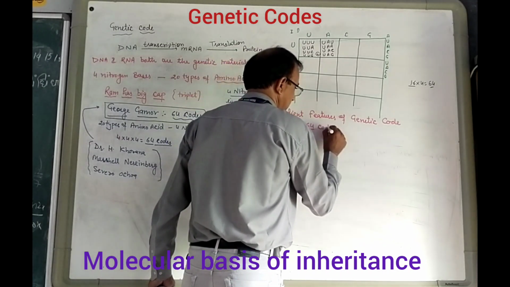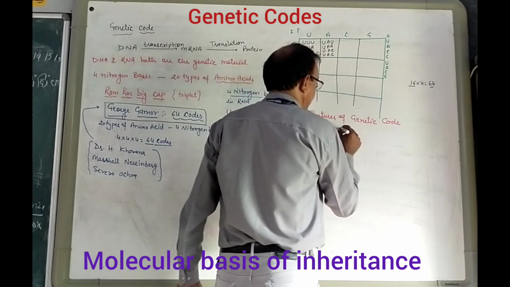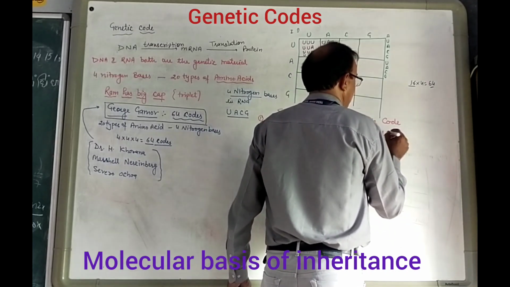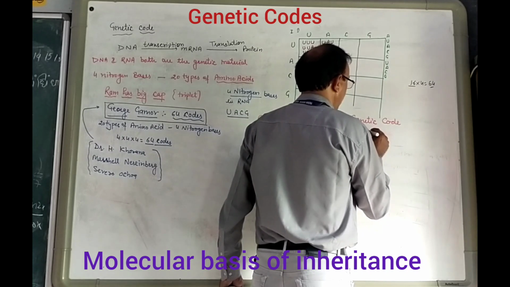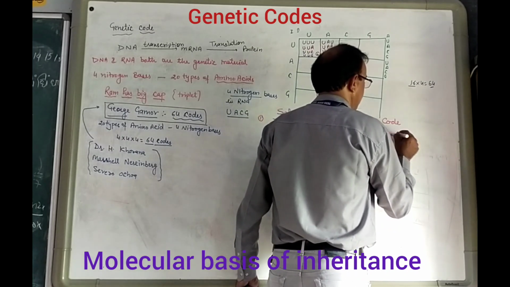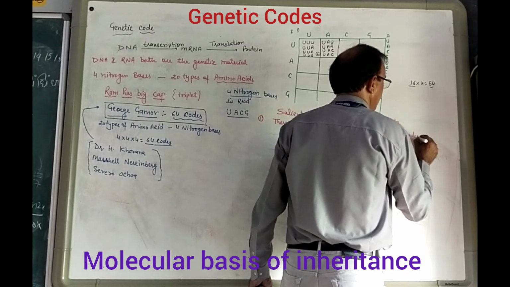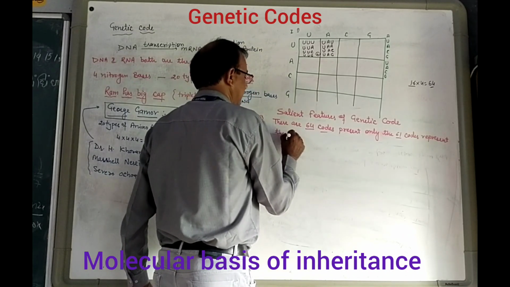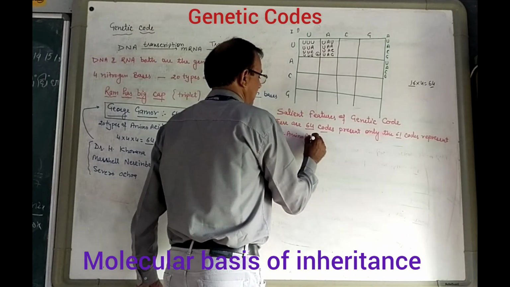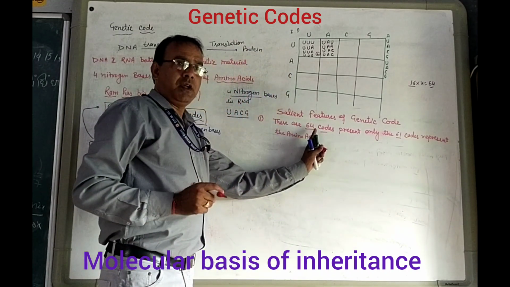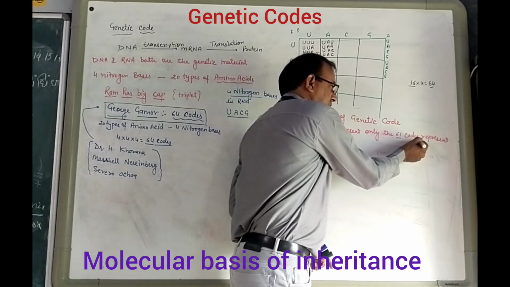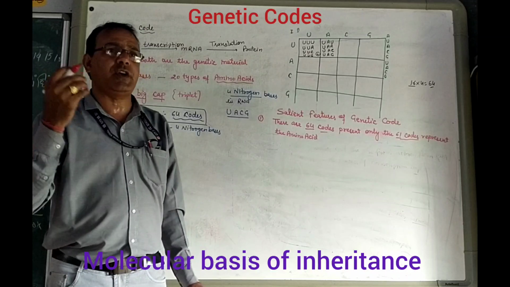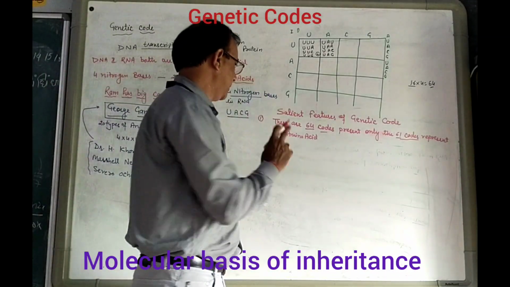Out of 64, only 61 codes represent amino acid. It means there are a total of 64 codes, and out of 64 only 61 codes represent amino acid. The remaining 3, which do not represent any amino acid, are known as nonsense or stop codons.